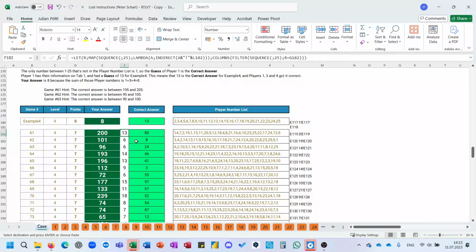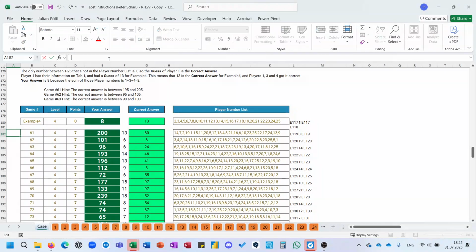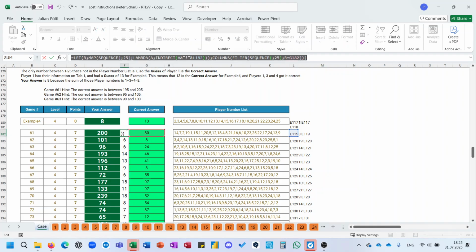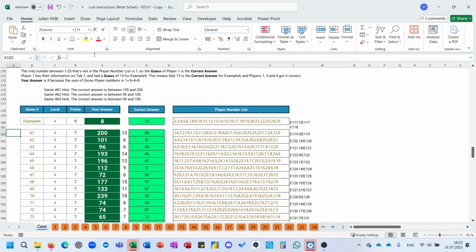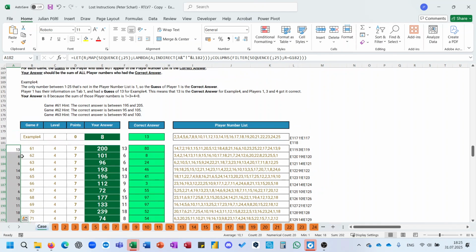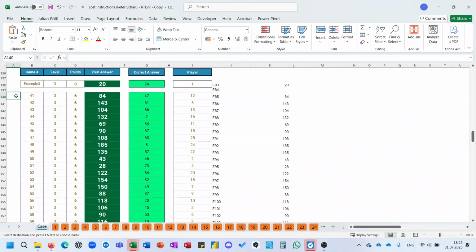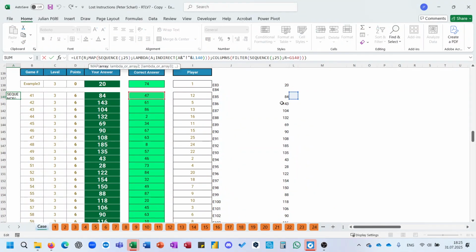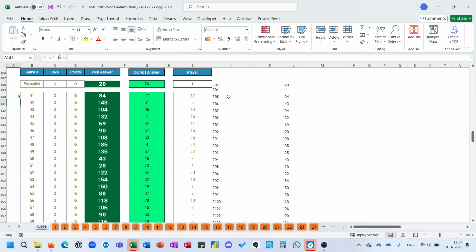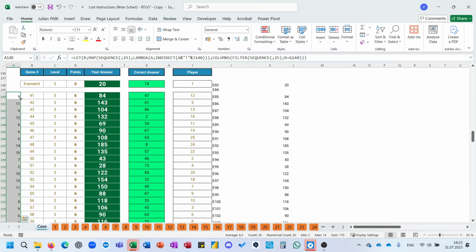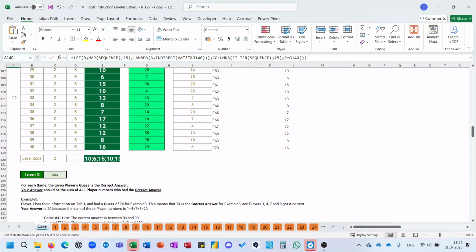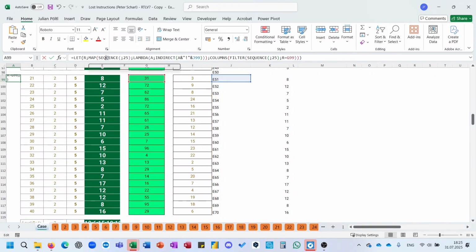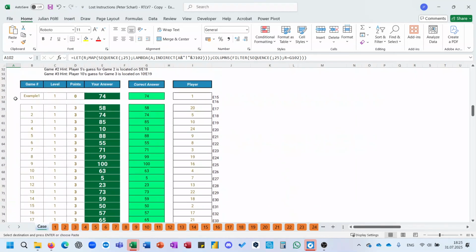I need to adjust it probably. So I basically want a count of how many players got the according answer correct. This is a little bit of a copy task because I have all the answers.